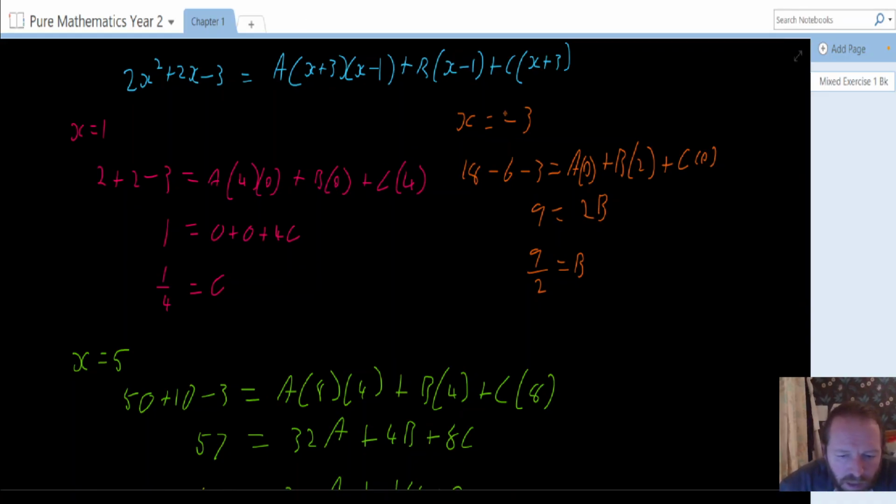Okay, so I had chosen x equals minus 3 for myself. So that was minus 9, 2 9s are 18, yes, minus 6 there, yes, minus 3 there, yes. As I put it in, the a goes to a 0, fine. The c goes to a 0, fine. So minus 3 minus 1 is minus 4. That's where my mistake is.